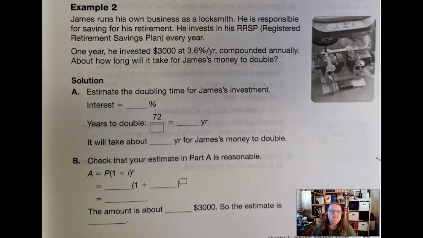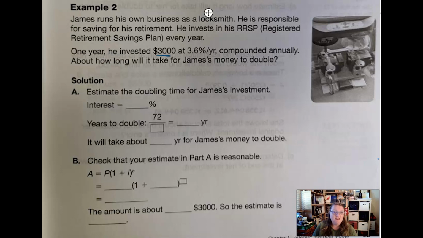James runs his own business as a locksmith. He is responsible for saving for his retirement, so he's investing in RSPs, which is something that's a good idea to look at as soon as you're able to start investing for retirement. Because let's take a look why. One year he invested $3,000 at 3.6% per year, compounded annually.